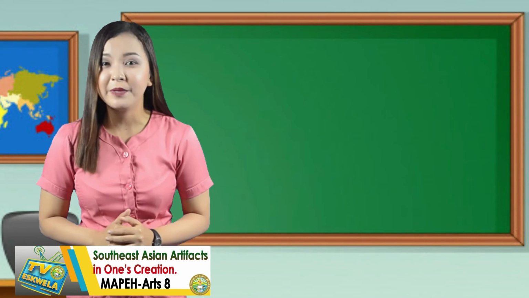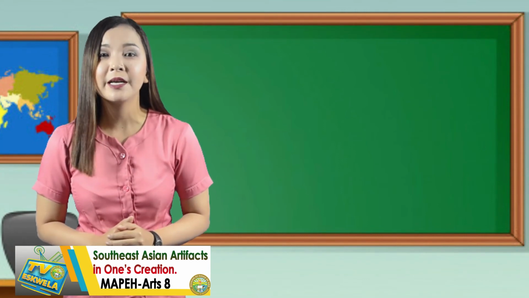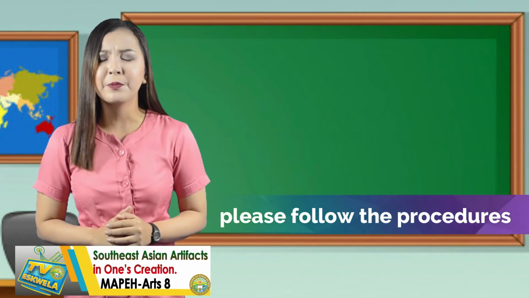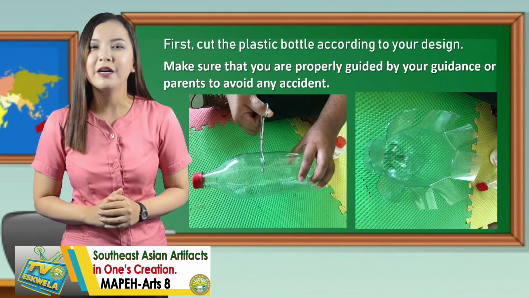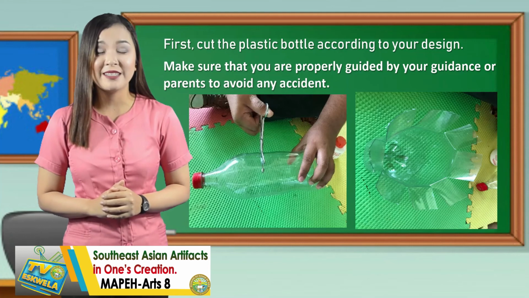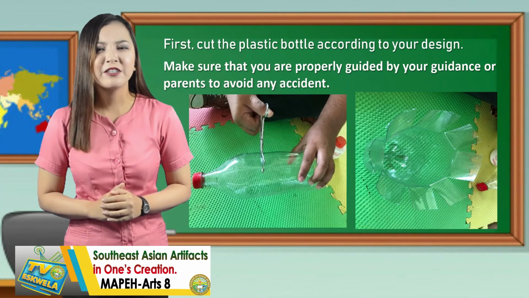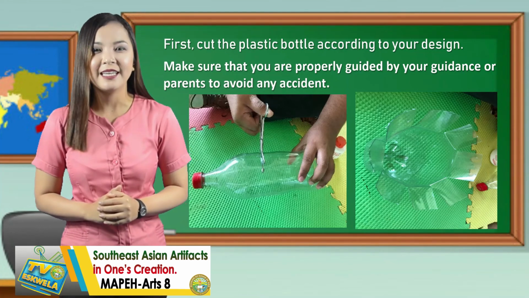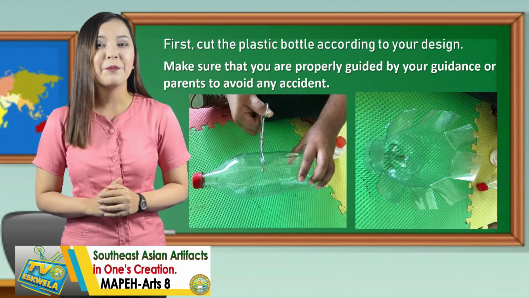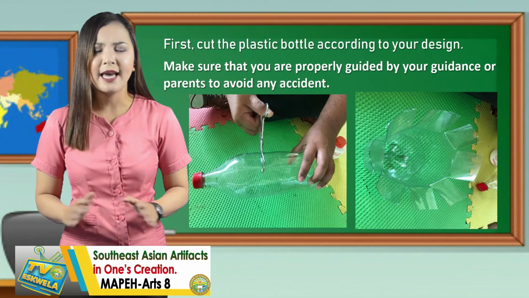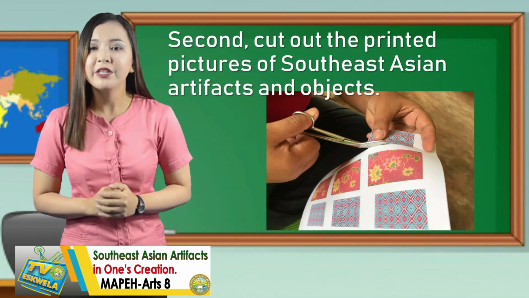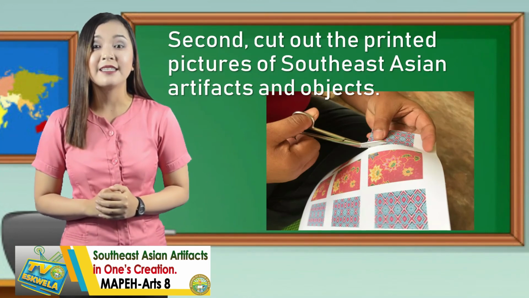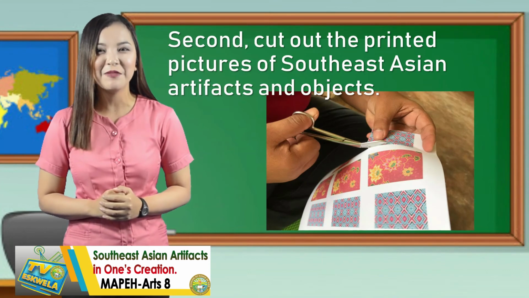Upon making the ballpen or pencil holder, please follow the procedures. First, cut the plastic bottle according to your design. Make sure that you are properly guided by your guardians or parents to avoid any accident. Second, cut out the printed pictures of Southeast Asian artifacts and objects.